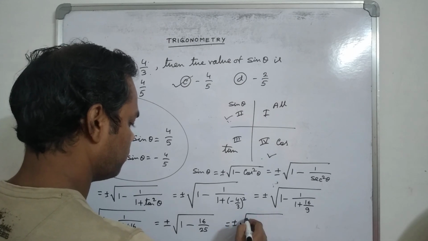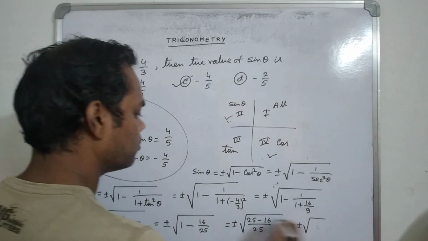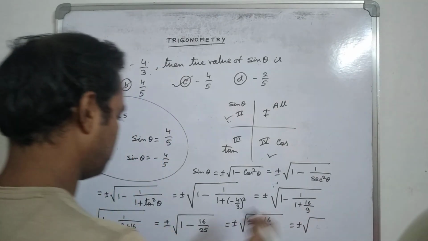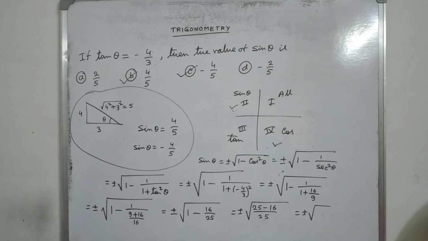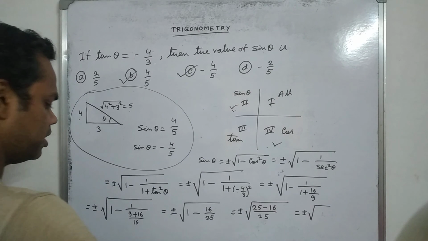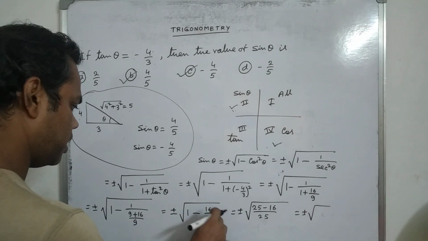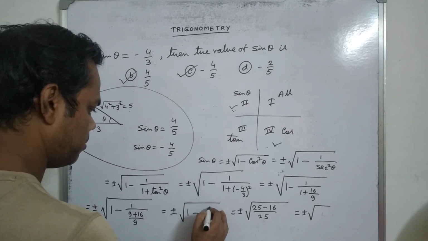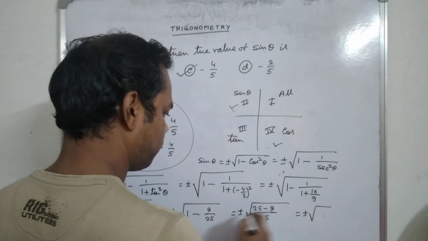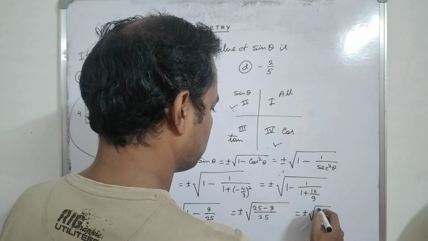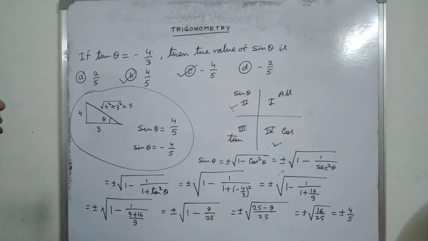Now see that there was a mistake: in the numerator this is 9. So plus minus square root of 25 minus 9 by 25, that is 16 by 25, so this equals plus minus 4 by 5, the same answer.